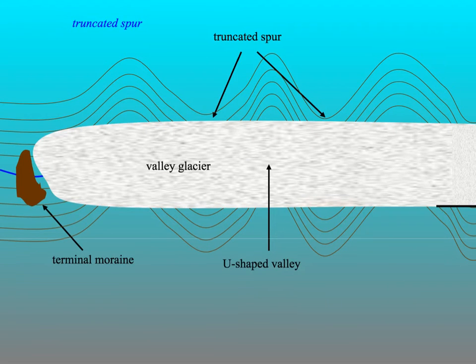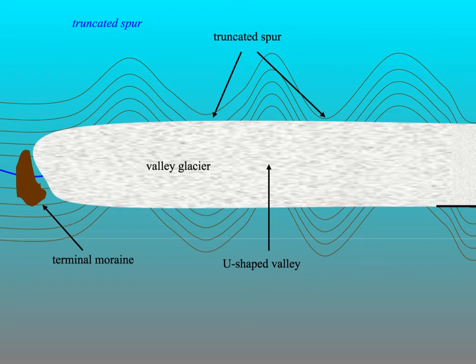So, like mentioned, we've got the contour lines here which can show us interlocking spurs. If you imagine taking both hands and interlocking your fingers, what's happened then is the glacier, because of its sheer power, has bulldozed through these interlocking spurs, and we call them truncated spurs. They've been cut off.